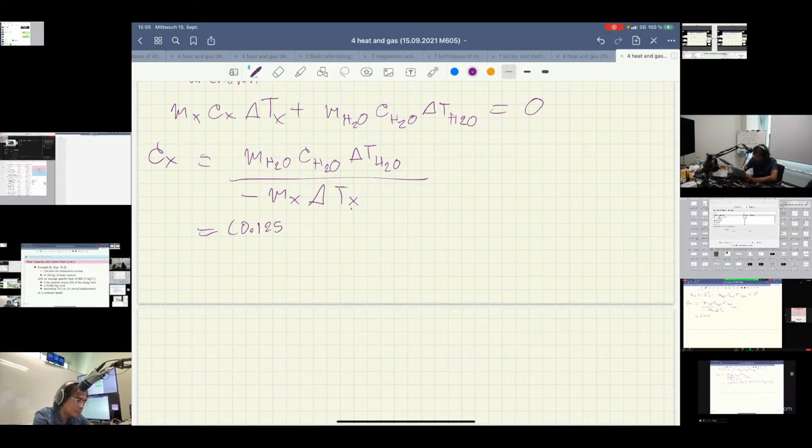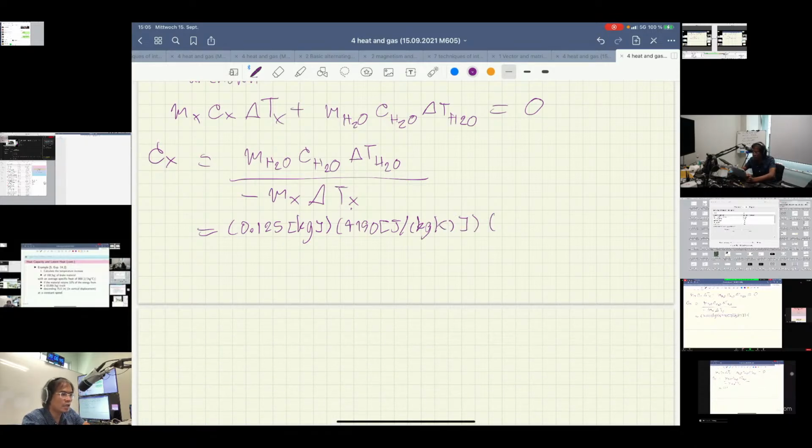It's 0.125 kilogram, right? And 4190 joule per kilogram and Kelvin, right?